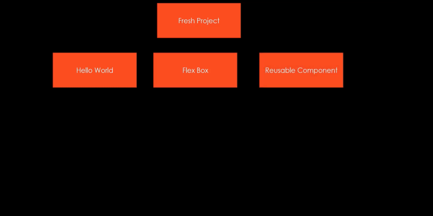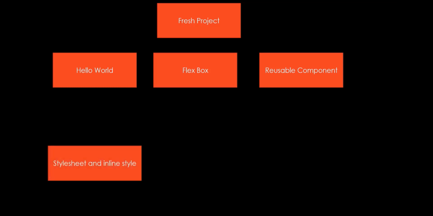Let's create a fresh project. After that, we will create a hello world program and we will see the Flexbox layout, how Flexbox works in React Native. Also, after that, we will see how to create a reusable component.